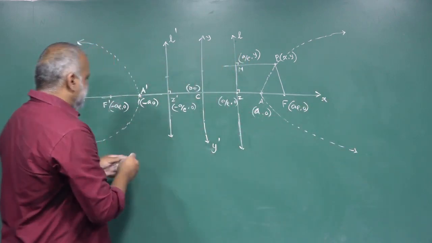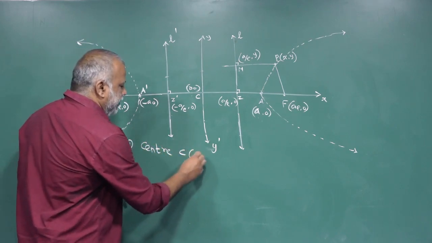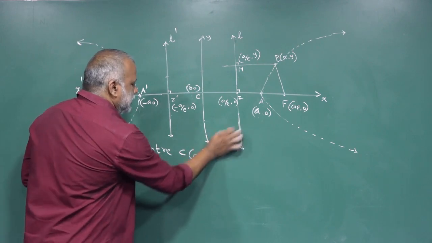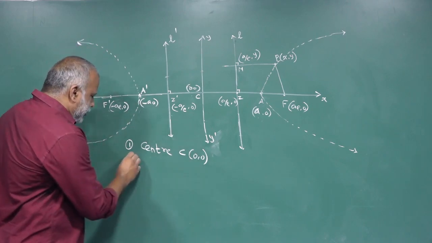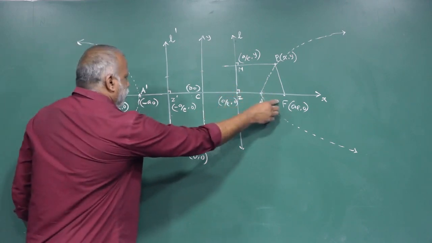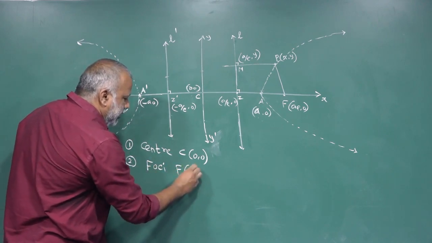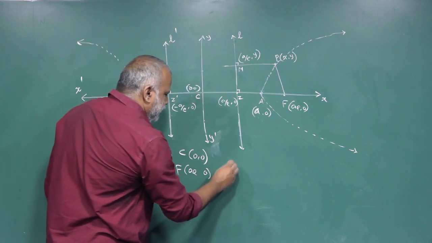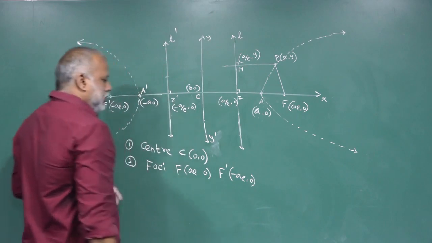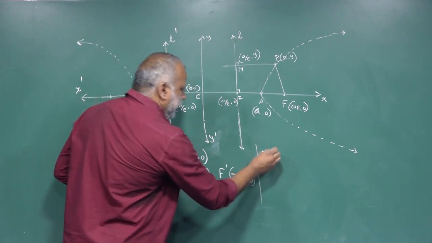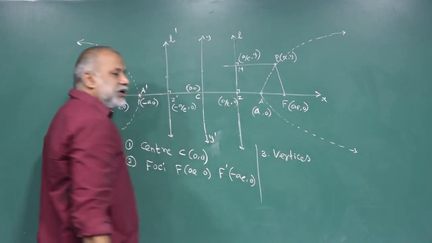Result number 1, center C (0, 0). Then point number 2, foci. One focus is (ae, 0), another focus is on the other side, (minus ae, 0). Then point number 3, vertices.